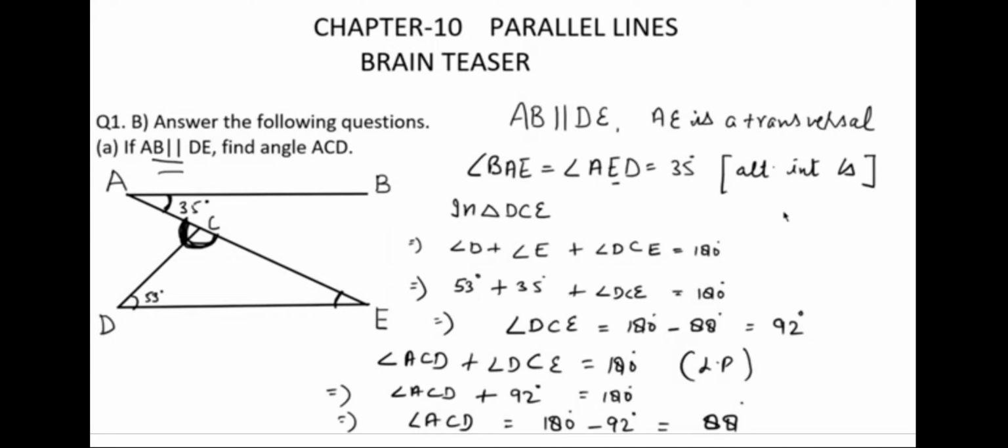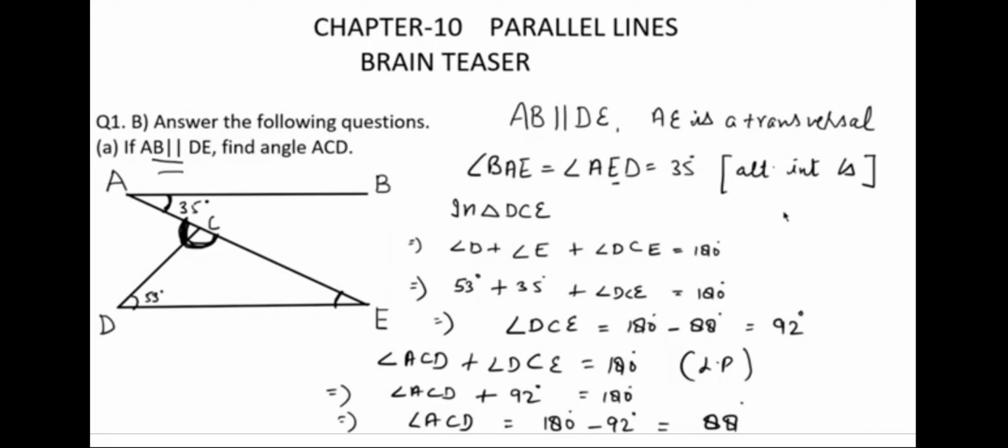AB parallel DE. It is given. We have to find angle ACD. So here we will write AB parallel DE where AE is transversal. Therefore, angle BAE is equal to angle AED is equal to 35 degree.